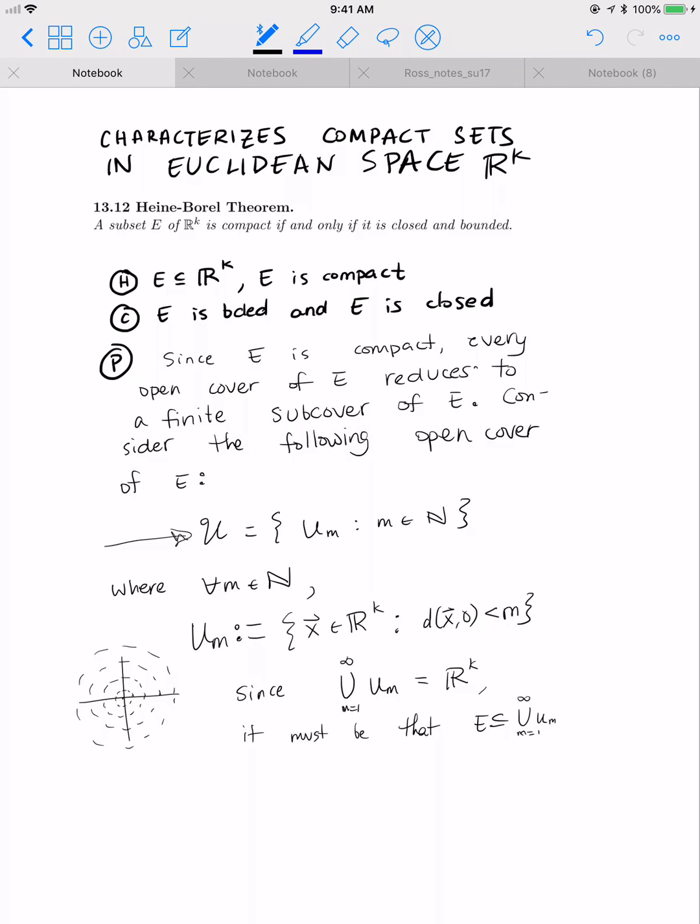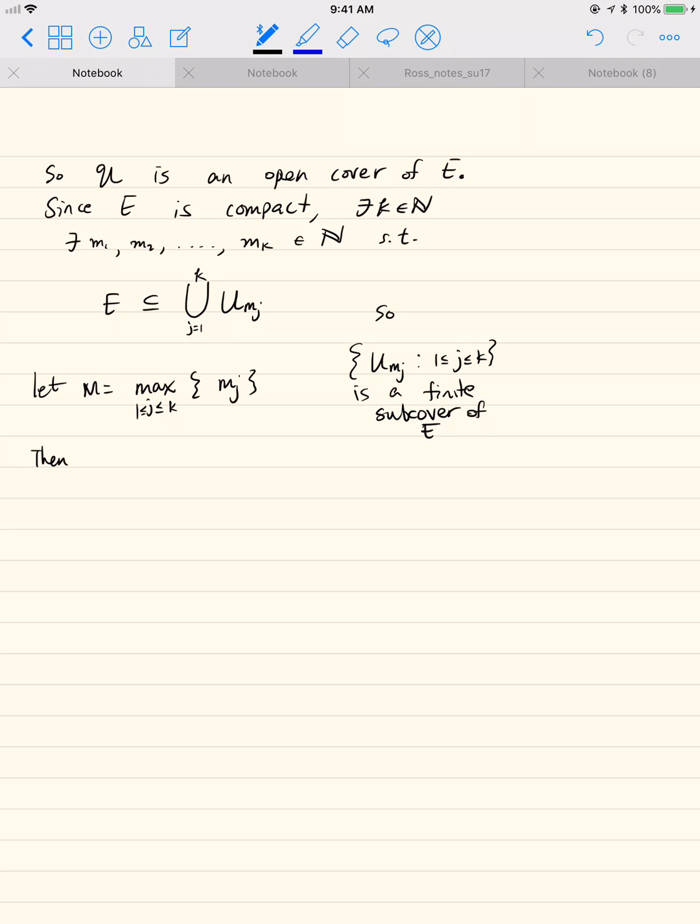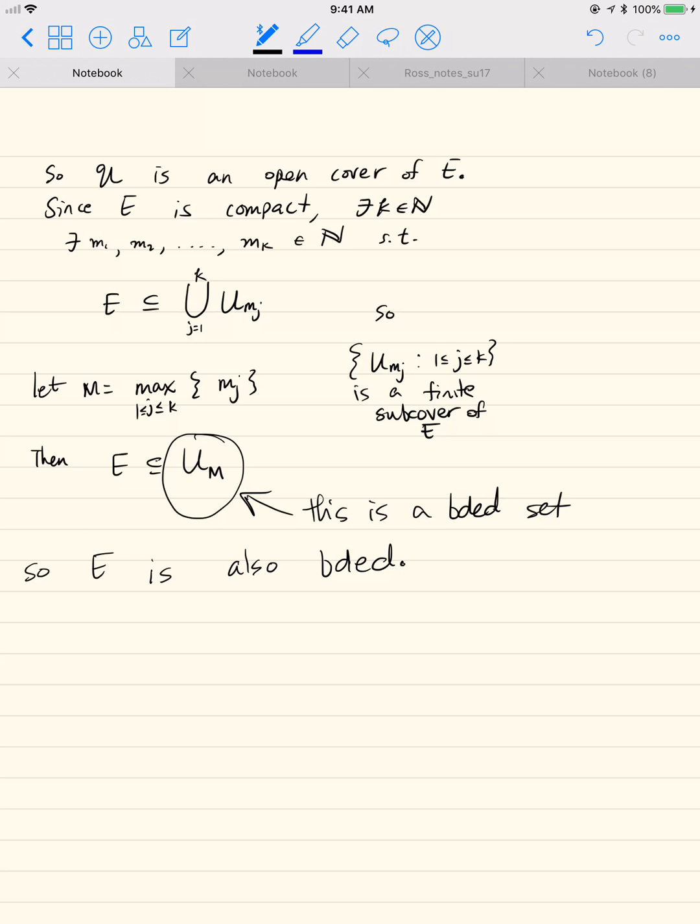U_M is a subset of U_{M+1}, and this is true for all M. So then E has to be in U_M. And since U_M is a bounded set, E is also bounded. Okay, so we've shown that E is bounded.